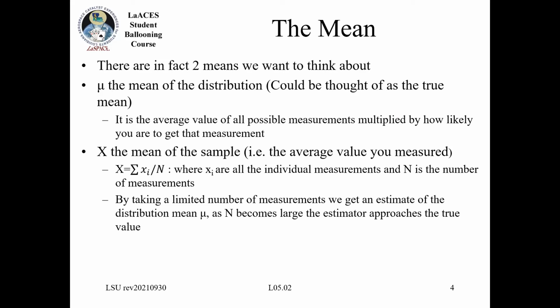Instead, what you are actually measuring when you average a bunch of values is the mean of the sample, right? And the formula for that, you may not have seen it in that notation, is exactly what you think it is. You add up all the measurements and you divide by the number of measurements, right? But the point is that is really just an estimate of that true mean, that distribution mean, right?